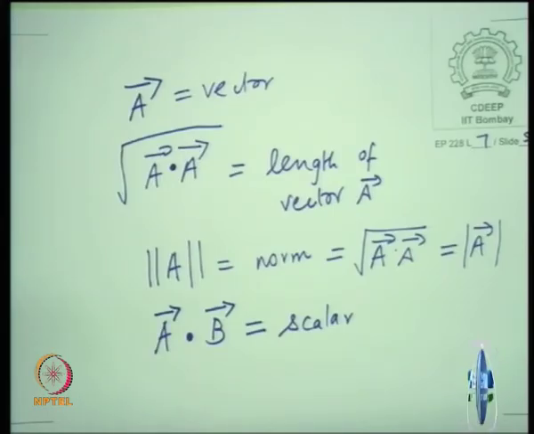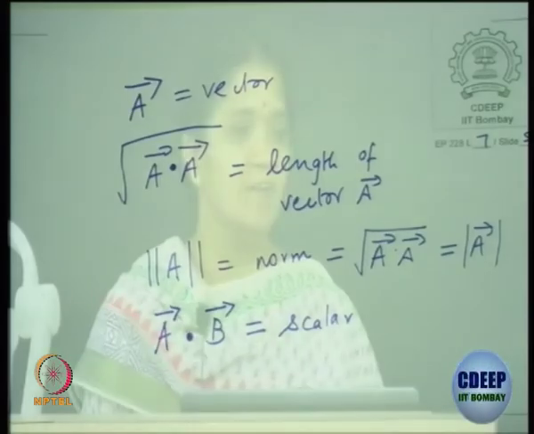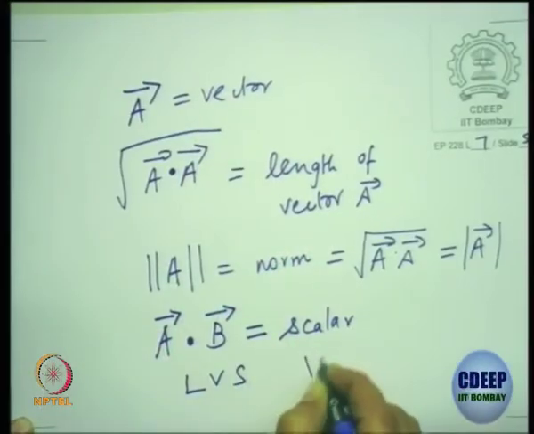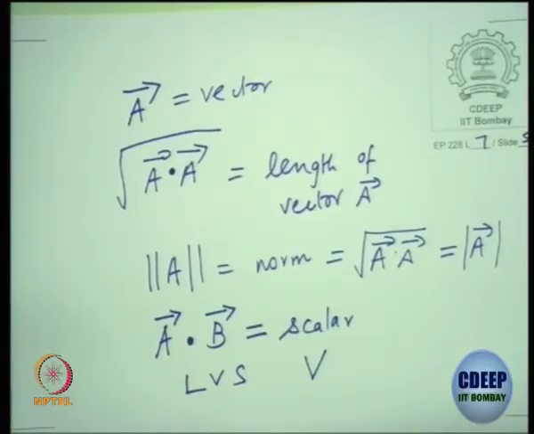These are things which we need to have a handle on: vectors, length of a vector, dot product of vectors in 3 dimensions. And how do we go to an abstract notation is what we should see. Now, with this knowledge of 3-dimensional R3, we would like to go to an abstract linear vector space, which is V. How to find the basis set?